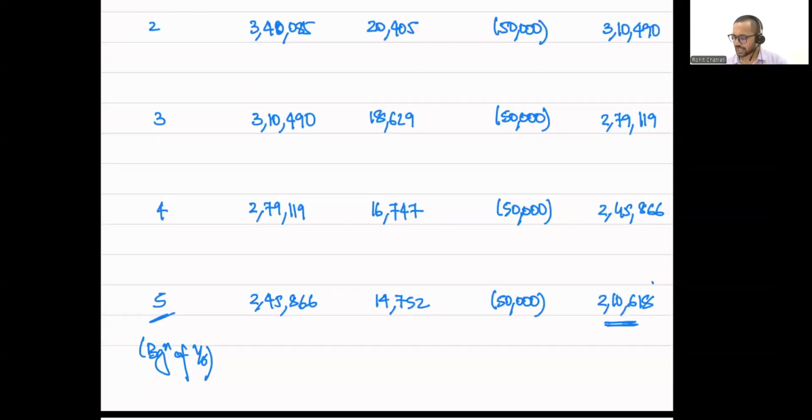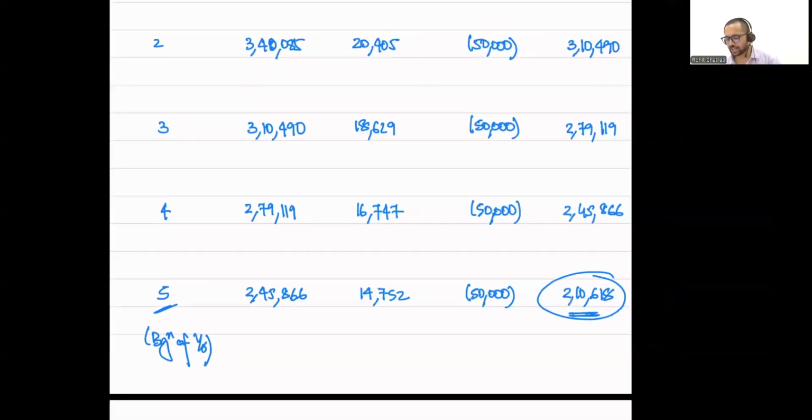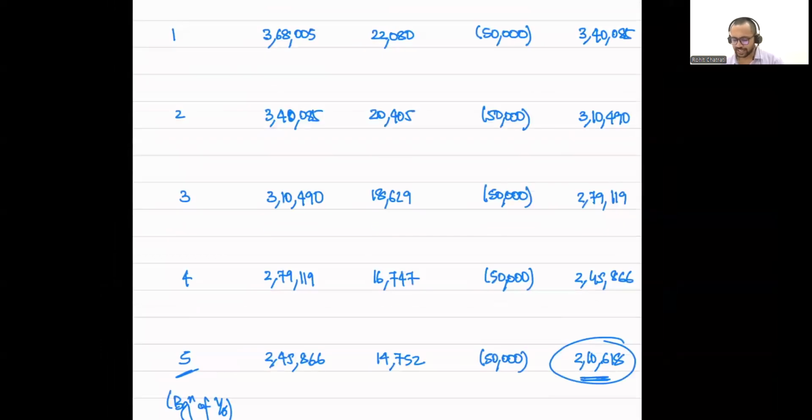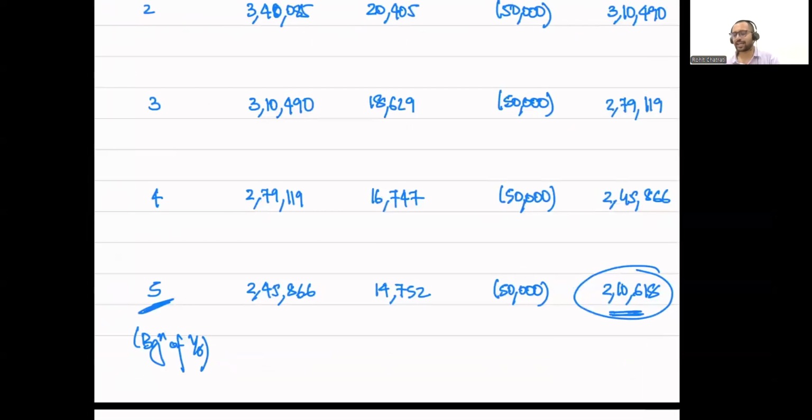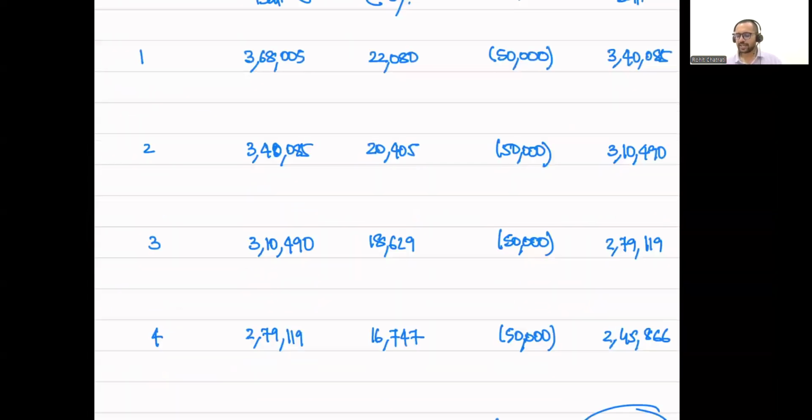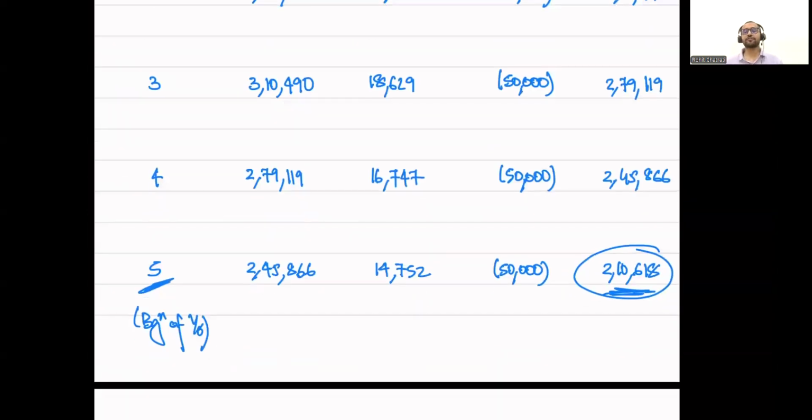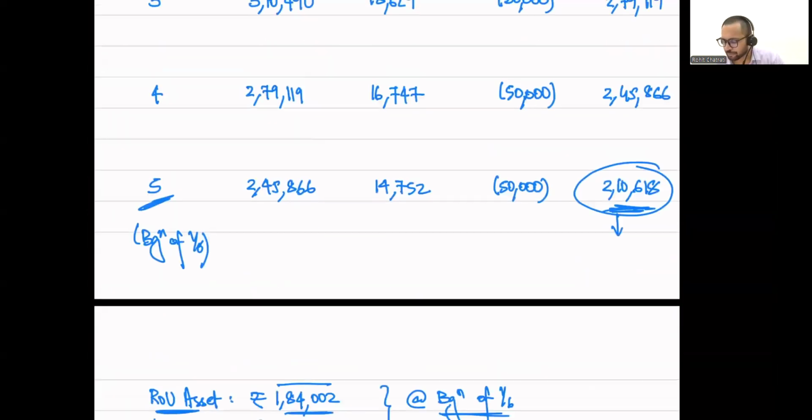Here you go. We had 2,10,618 of lease liability at the end of year 5. What did I show you? I'm showing you nothing but the fact that this 2,10,618, which we calculated as the carrying amount at the end of year 5, was the present value of the lease payments from year 6 to year 10, discounted at 6% per annum.